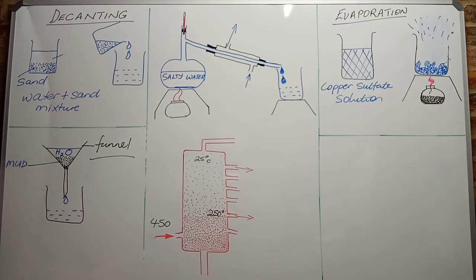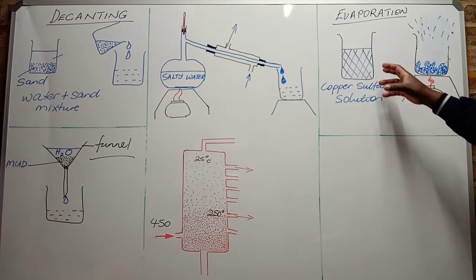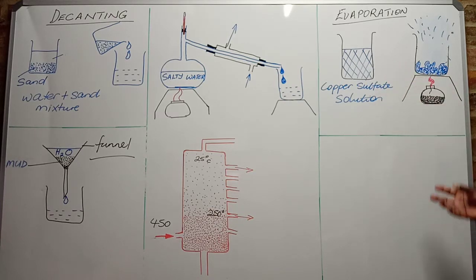To separate this kind of mixture, we simply take the mixture in the beaker and we apply fire. We will evaporate all the water. All the water will boil out of the solution, and as the water boils out, the copper sulfate crystals will remain because they have a higher boiling point.